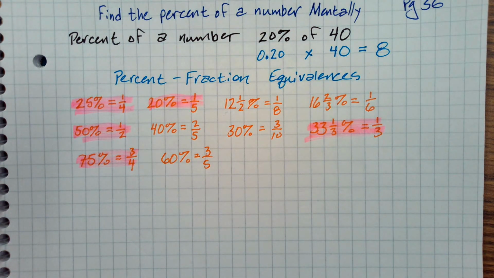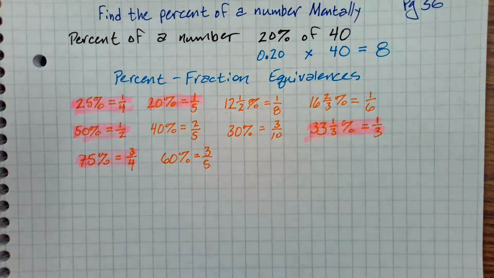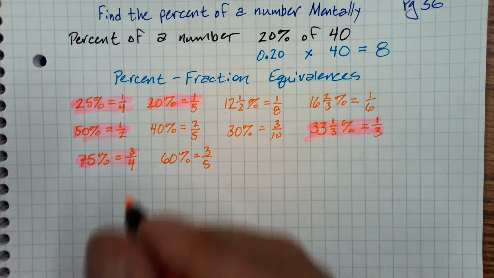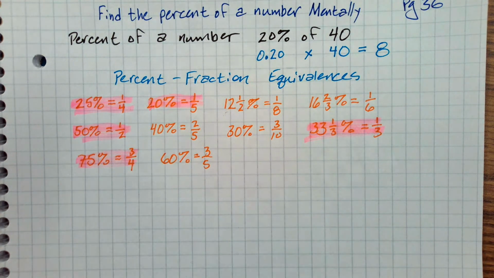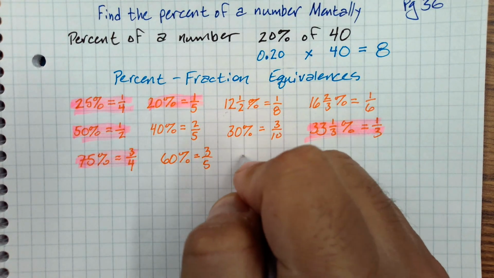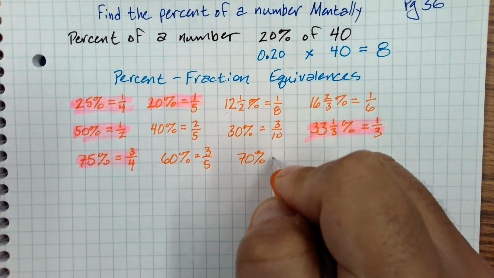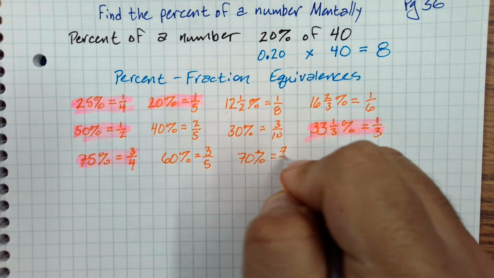10%, I'm going to do two things with it, but we'll get to it in a little bit. That one's kind of super special. Why? Why is it special? Oh, you'll see. Okay. 70%. That's 7/10.